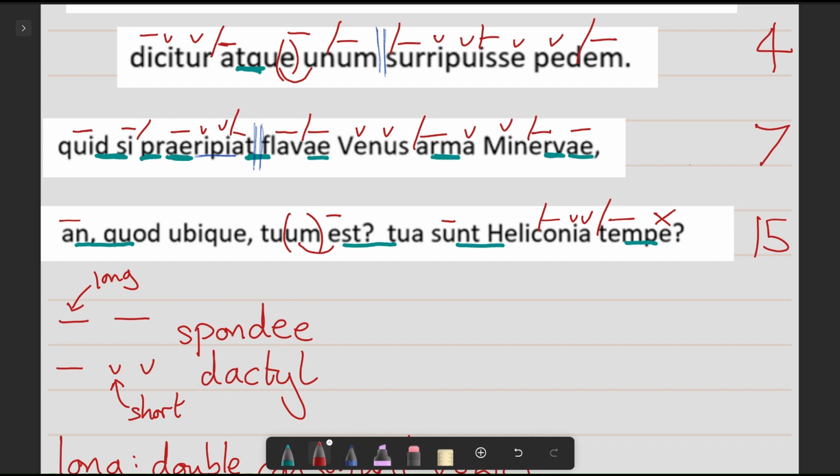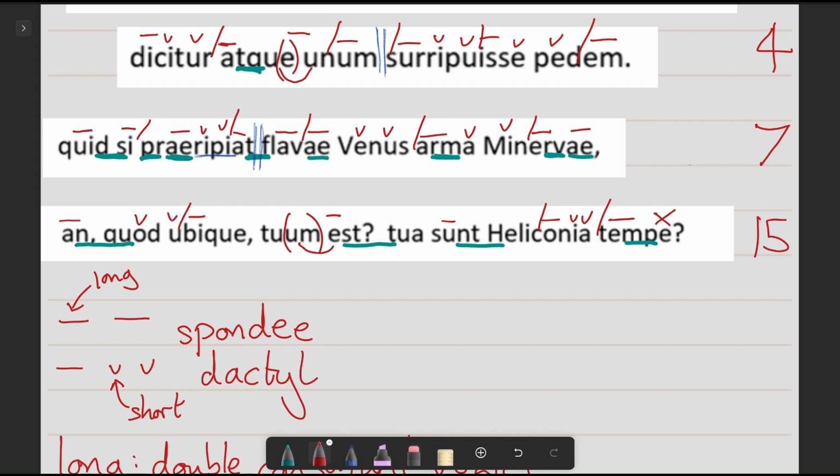Yeah, let's count them. 1, 2, 3, 4, 5, 6, 7, 8, 9, 10, 11. There are 12 and we need 4 feet. So that means they all have to be dactyls.